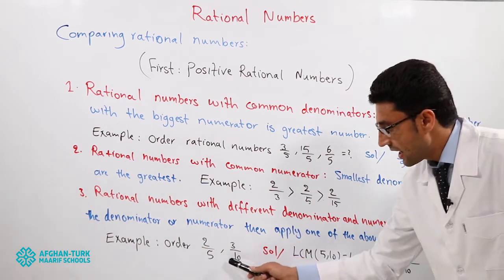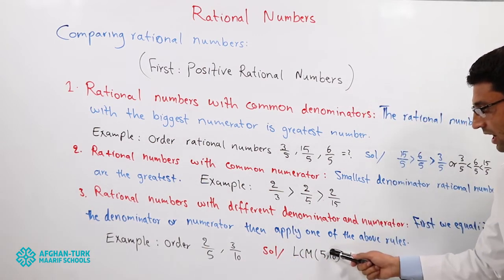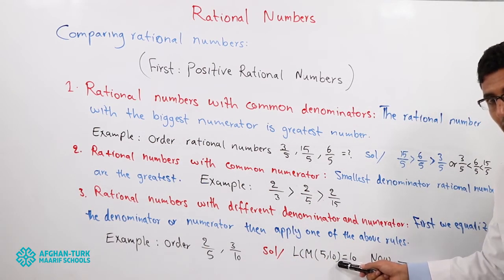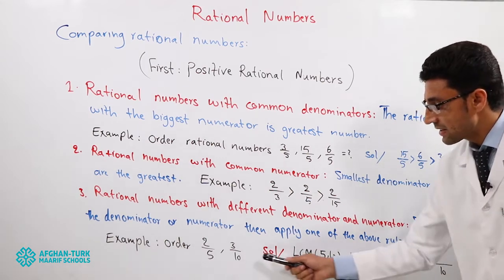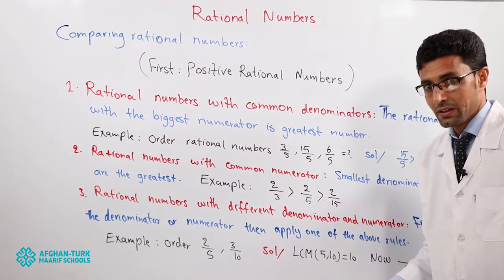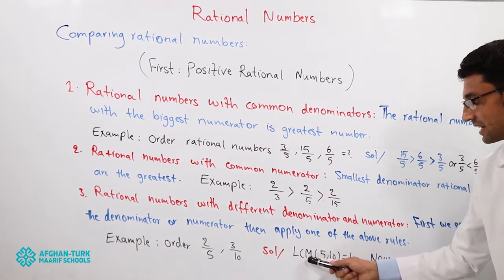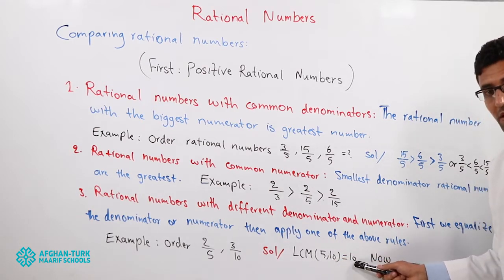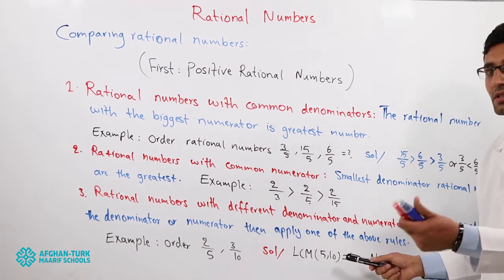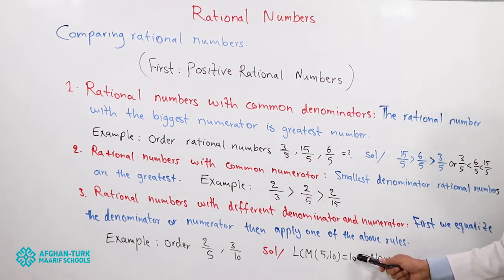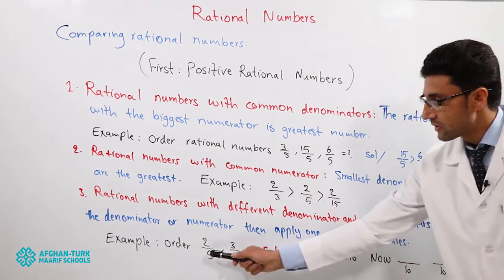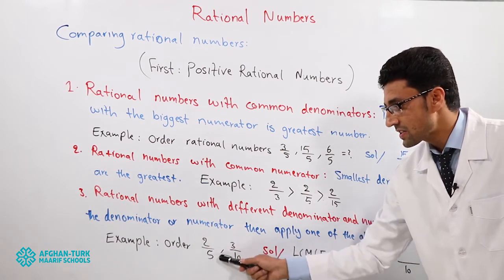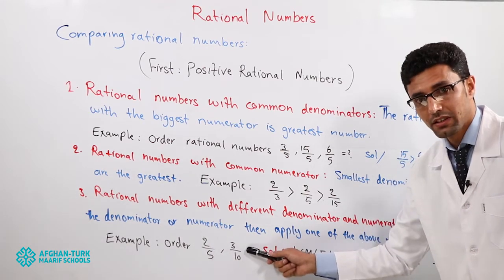At first, I did the LCM of 5 and 10. It means I want to make the denominators equal. The LCM of these 2 numbers is how much? 10, you know, because you studied LCM. Okay, I took the 10 for these 2 fractions. How many rational numbers do we have? 2.